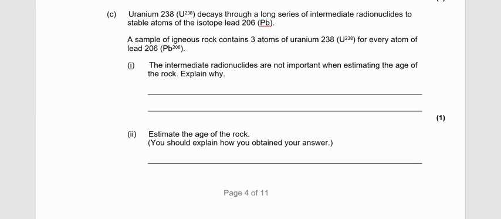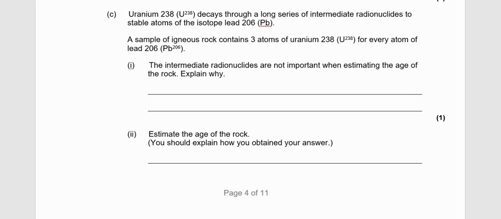If there are 3 atoms of uranium-238 for every atom of lead, then it has dropped to 3/4 of its original number of uranium atoms. There were 4 atoms of uranium, now there are 3 atoms of uranium and 1 atom of lead.